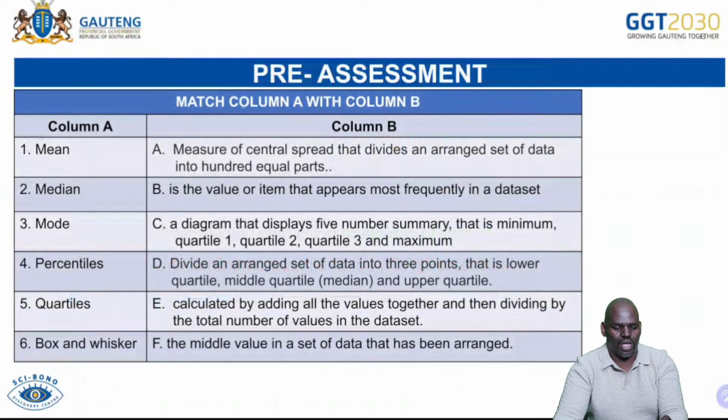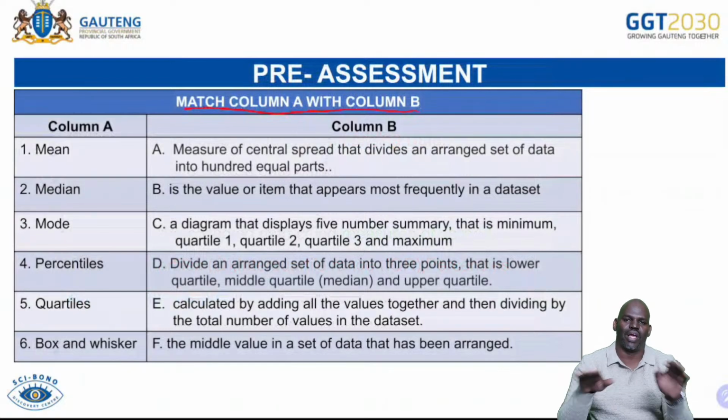For this one, it's match column A with column B. What is happening in this case is we are given the terminologies and we are given the possible definitions. But they are not aligned.